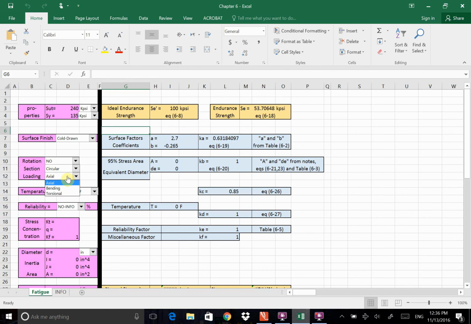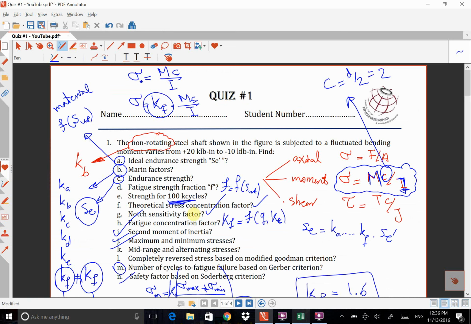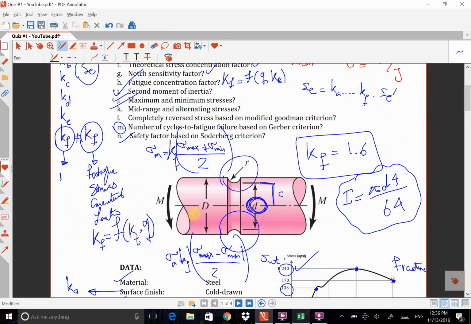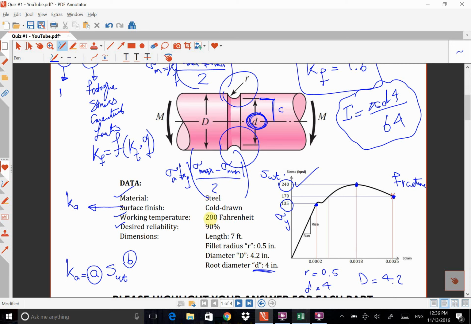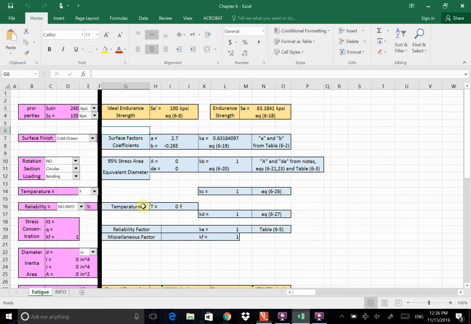The type of loading is bending. Temperature, coming back here, temperature is 200 Fahrenheit. Reliability is 90%.